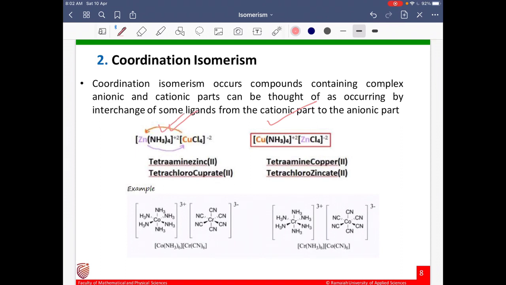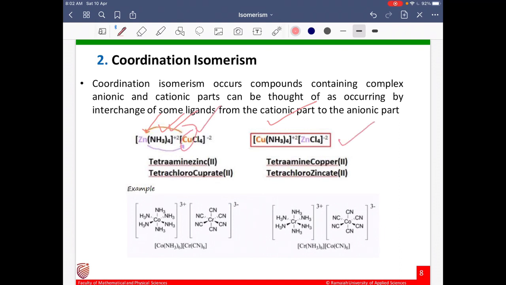We can see here, in the cationic entity, the ligand is ammonia, which is attached to the zinc central metal atom. Chloride ligands are attached to the copper central metal atom.